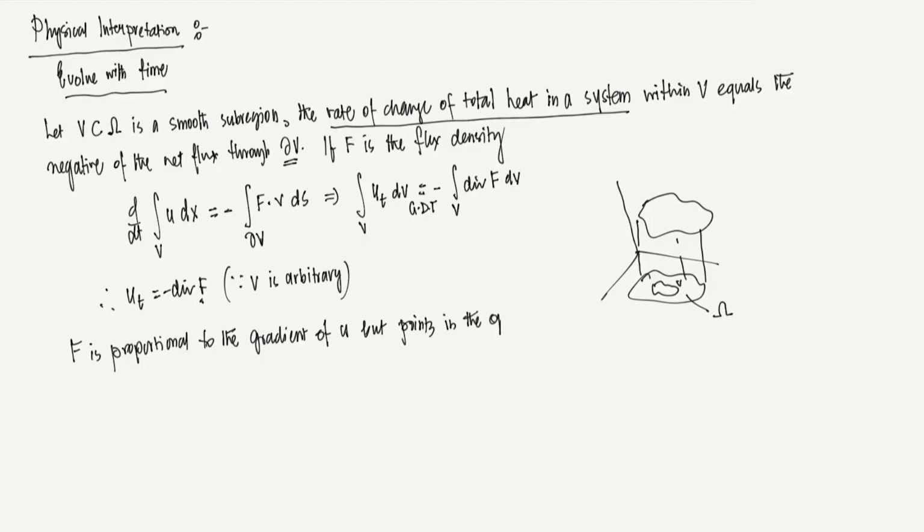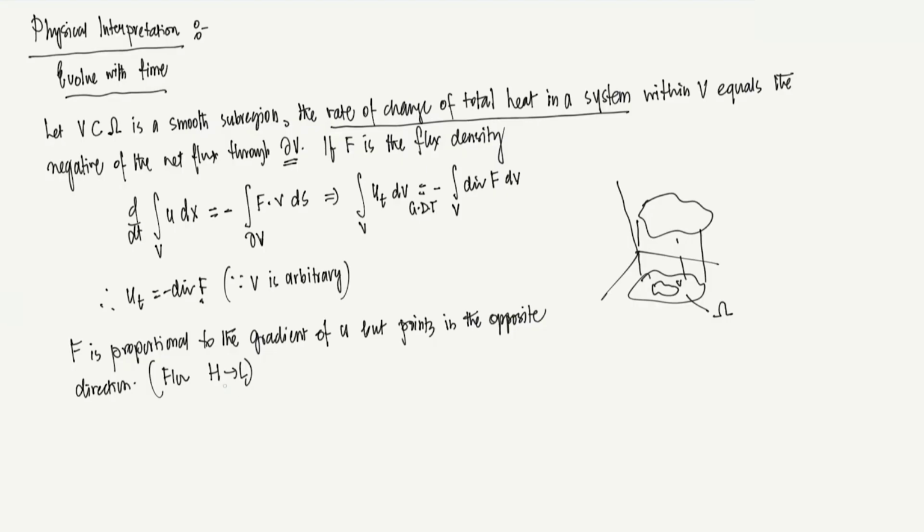What does it mean? It means that the flow does not go from lower to higher, but from higher to lower. So you see, flow moves from higher to lower, right? So that is why this negative direction is there.